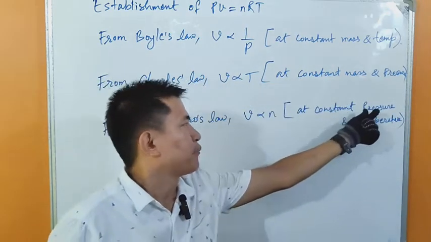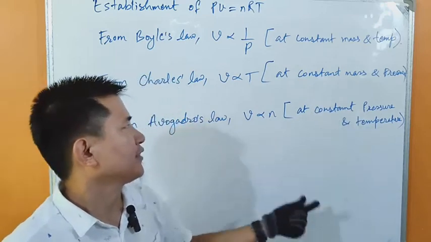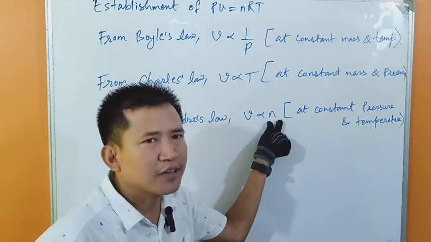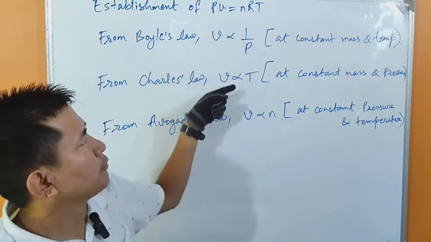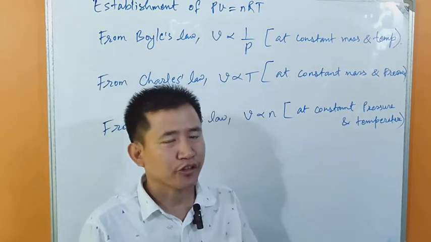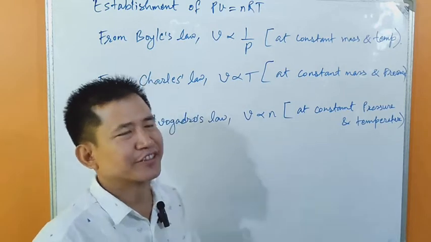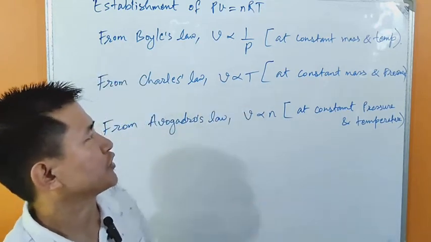When pressure and temperature of gas are kept constant, volume of gas is directly proportional to the number of molecules. We have already completed all these three laws in our previous videos. If you want to watch them, you can find the link below in the description.